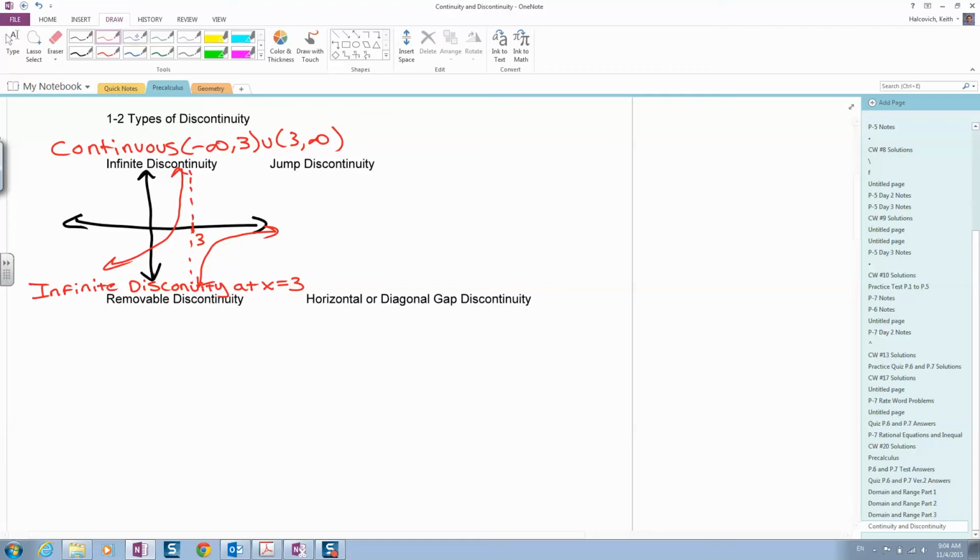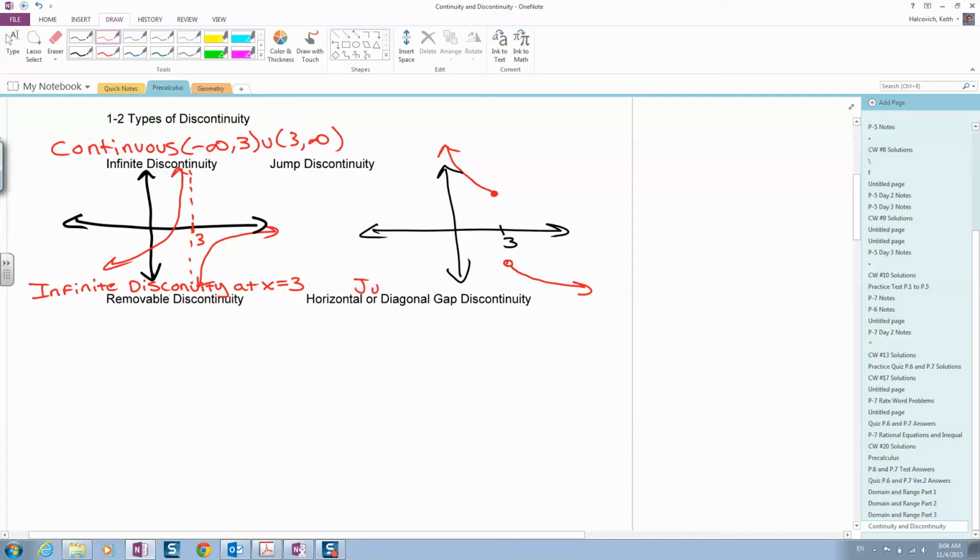The next type of discontinuity is what's called a jump discontinuity. And let's say that's x equals 3 there. So a jump discontinuity is when basically the graph stops and then jumps straight down and you have an open circle and then continues on in a different direction.